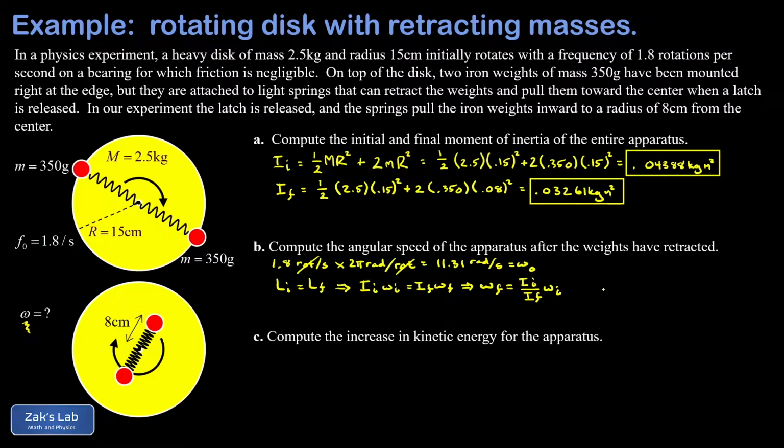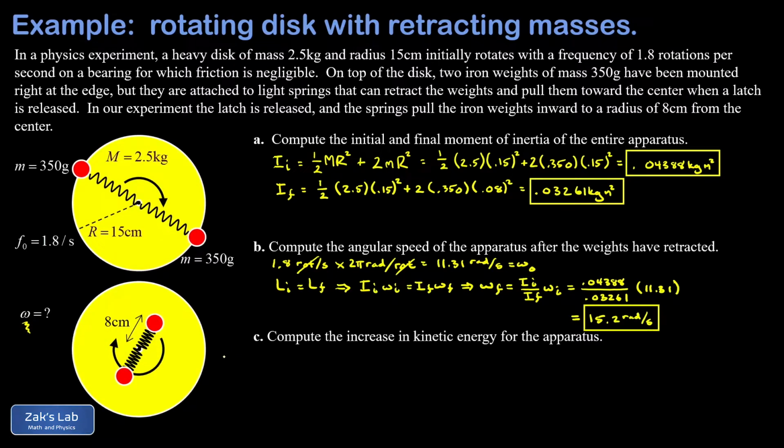You could call it omega naught or omega I, it doesn't matter. I go ahead and plug in my moments of inertia, and my initial was 0.04388, my final 0.03261, and my initial angular velocity was 11.31 radians per second. And now I'll go ahead and round off to 3 sig figs. I get a final answer of 15.2 radians per second.